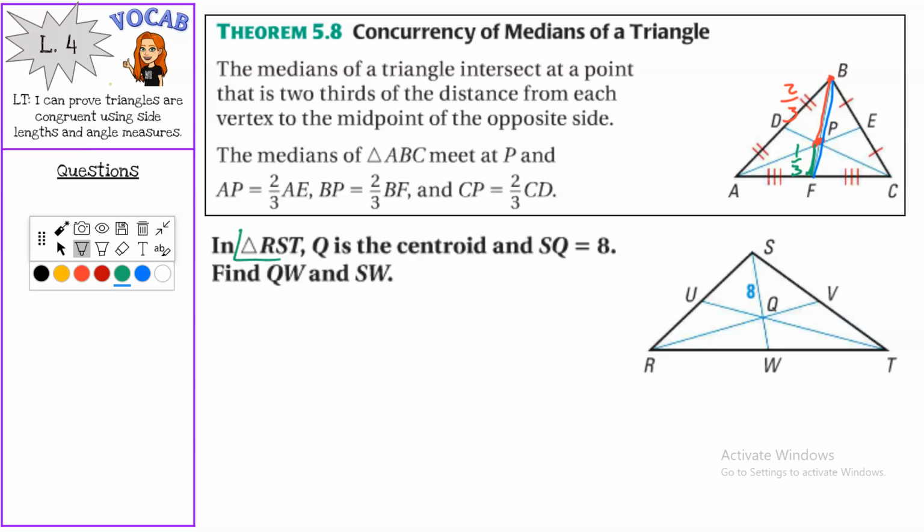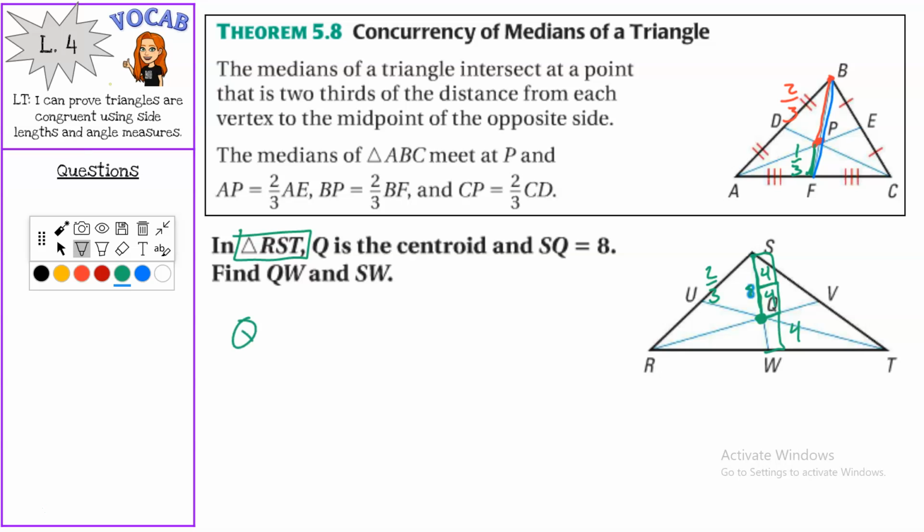So in triangle RST, Q is the centroid and SQ is 8. So SQ is 2/3. If we break that down into 4 and 4, 4 would be 1/3 of it. So that means this piece down here is also 4.